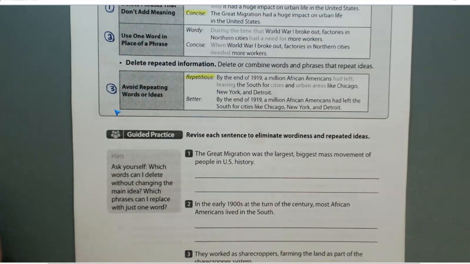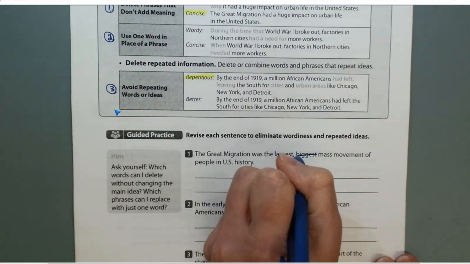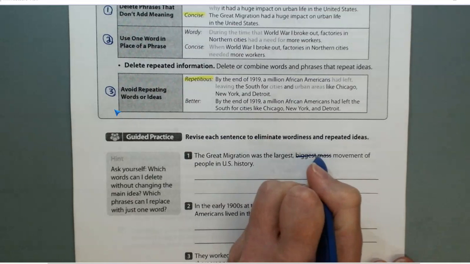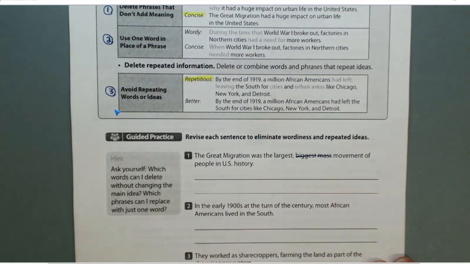So you want to take out biggest. Anything else? Mason? Take out mass, because largest, biggest, and mass all mean the same thing, don't they?